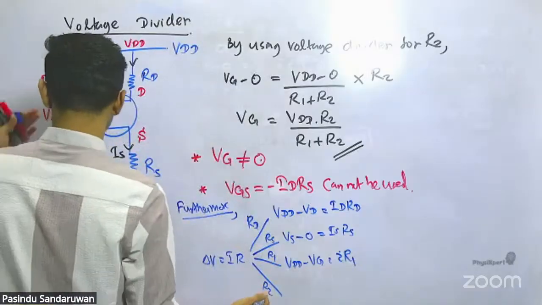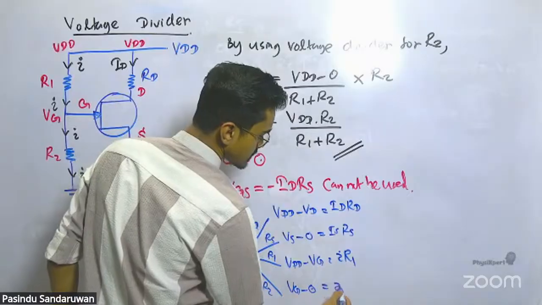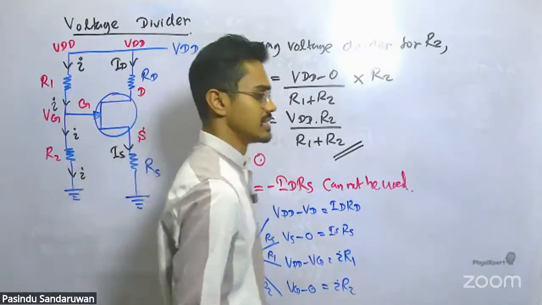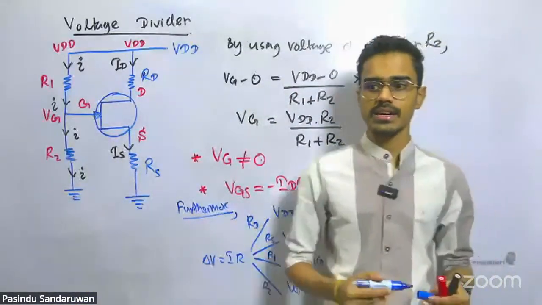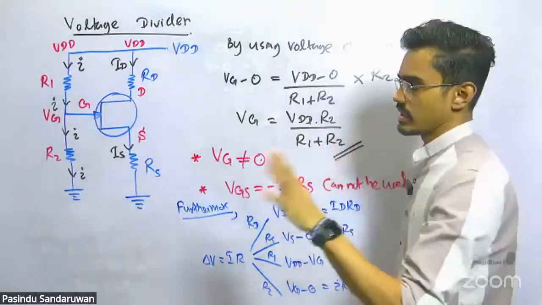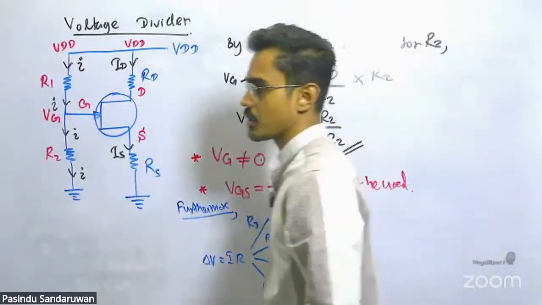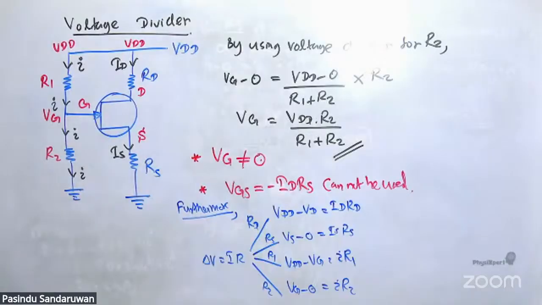For R2, if needed, VG minus 0 equals I R2. Likewise, this is always possible. Delta V equals IR is valid for any resistor. About voltage divider, only this thing is adding up. Take down. We'll do a question.